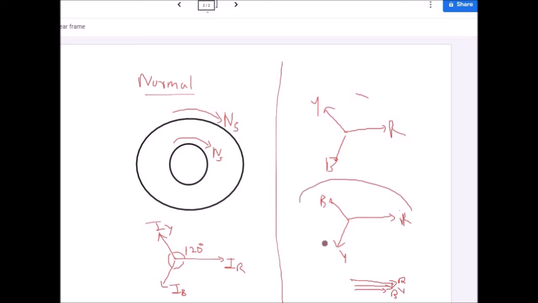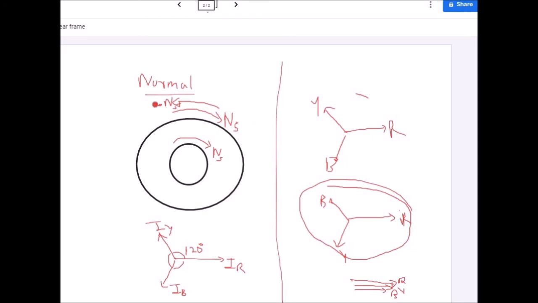So due to the presence of the negative sequence component of current, a rotating magnetic field is induced in the stator winding whose direction is opposite to that of the positive sequence rotating magnetic field. So let's say this is the rotating magnetic field of the stator due to negative sequence current. That is, it is rotating opposite to the positive sequence rotating magnetic field.